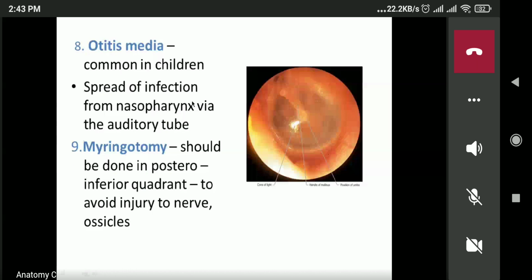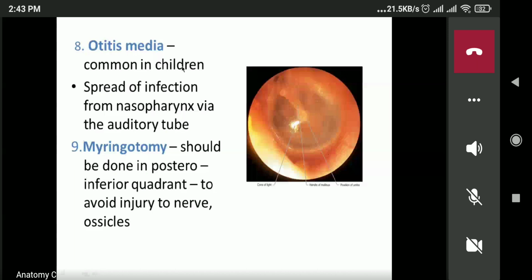So spread of infection from the nasopharynx is very common. Children often have a running nose, so whenever they get a running nose, there are chances of spreading the infection from the nose to the ear. That's why otitis media is common in children.